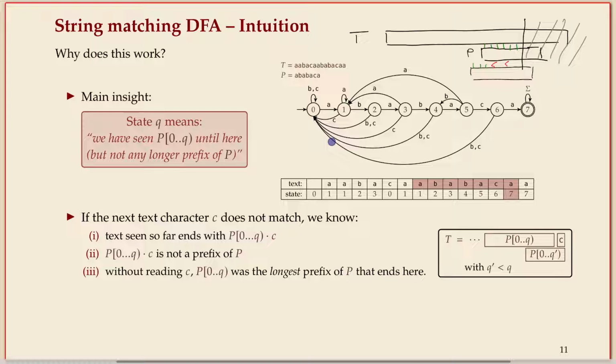But how do we know how far we have to jump back? So I'm looking for this Q prime, which is the longest overlapping bit with the text that I've seen so far.